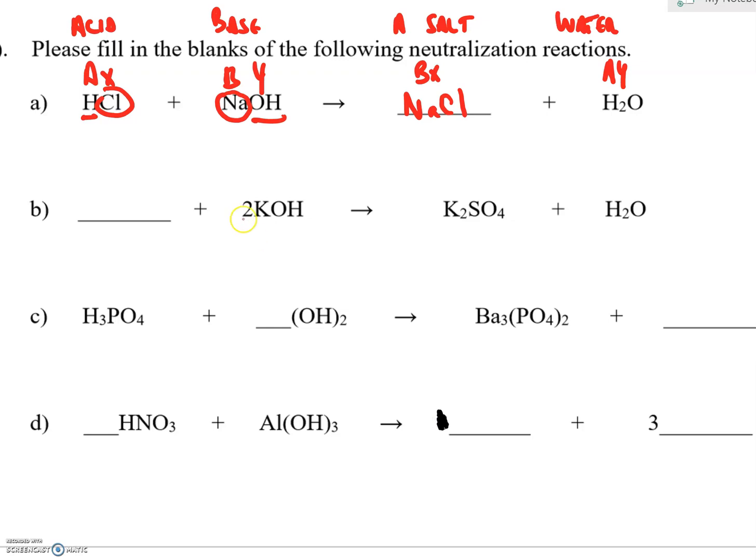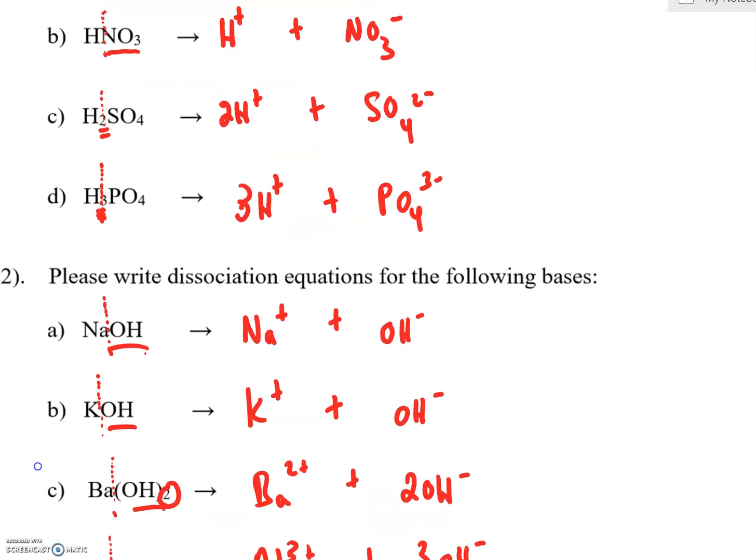So I tried to indicate that there were some coefficients going on here, but don't worry about it if you don't get them. All right, so this is our base. This is our BY. That means this is going to be AX. That's going to be BX. And this is going to be AY. So if this is B, this must be X. So that's SO4, and it's coming from an acid, and that's our A. And since you've seen this acid before, it comes from right here, H2SO4.